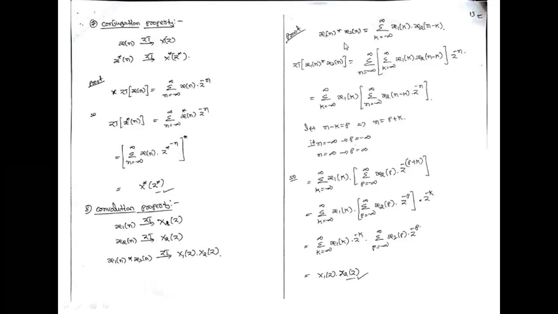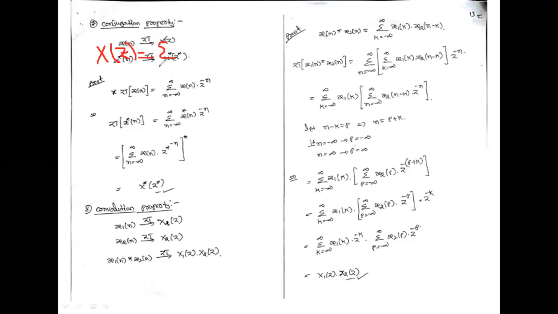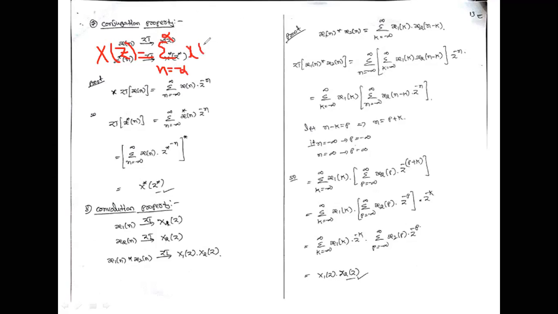Now we're taking the definition of the transformation. The transformation is the sum of n equals minus infinity to infinity x of n z power minus n. See, if I'm taking the transformation definition, listen carefully my dear students, the x of z is equal to the sum of n equals minus infinity to infinity x of n z power minus n.